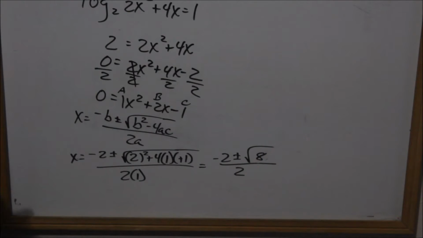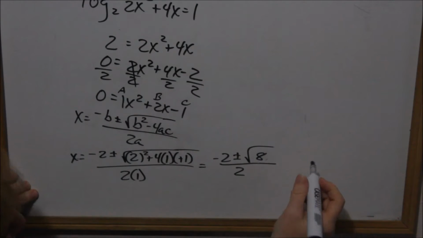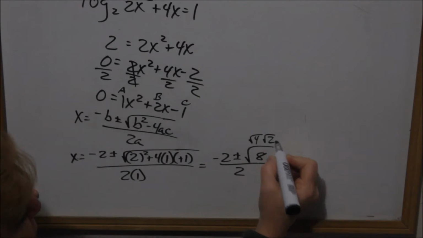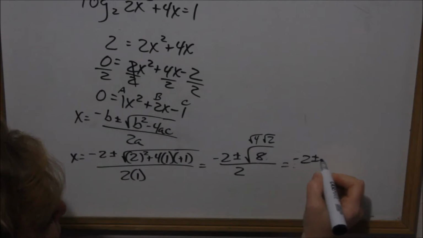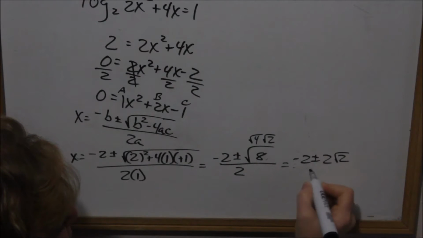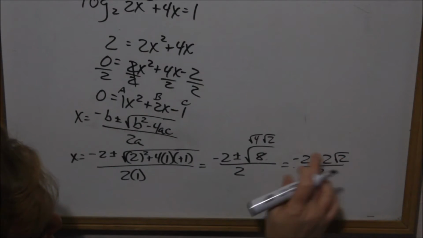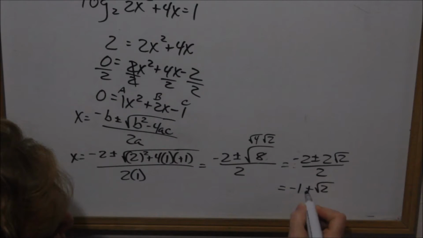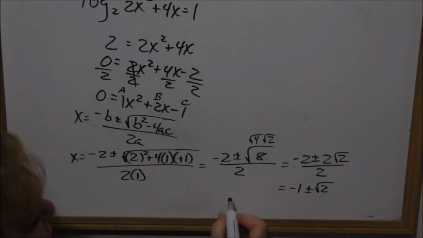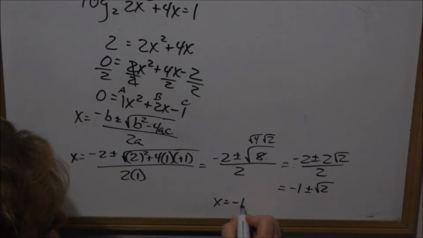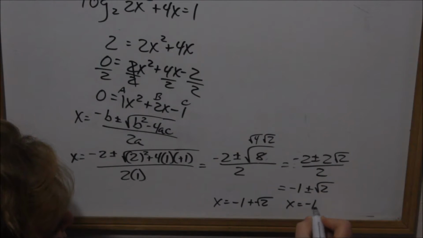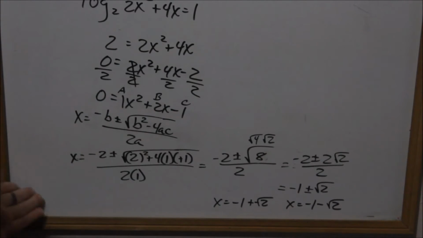And then simplifying this radical, square root of 4, square root of 2, that would be negative 2 plus or minus 2 square root of 2, all over 2. You can reduce all your whole numbers by 2, so this would become negative 1 plus or minus square root of 2. So, one solution is x equals negative 1 plus square root of 2, and one solution is negative 1 minus square root of 2.